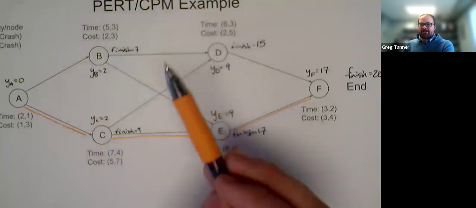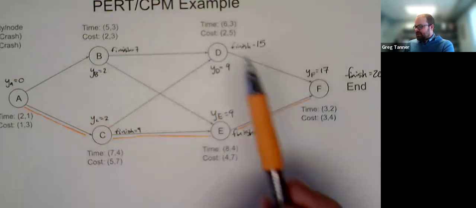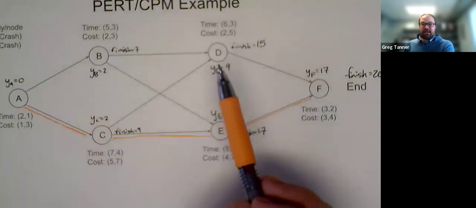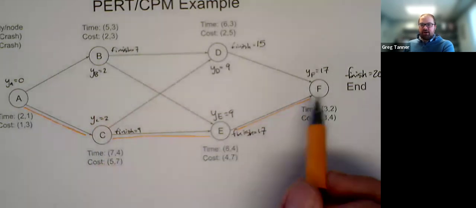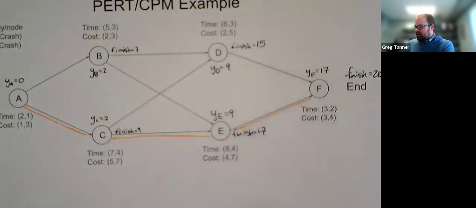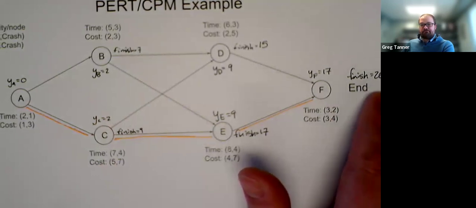Similarly, we're not going to spend any money to speed up D because it gets done before we even need it to be done. But we'd spend money on activities along that critical path because reducing their time will actually have an impact and reduce the finish time.